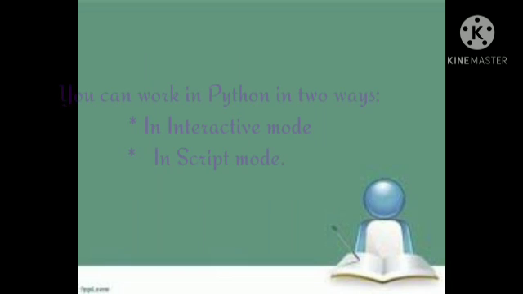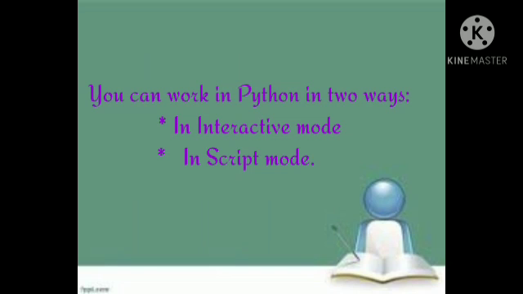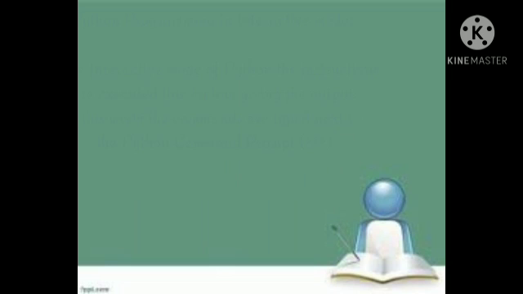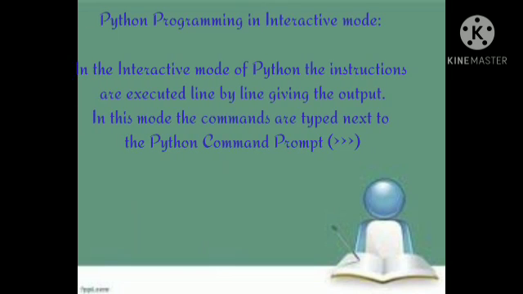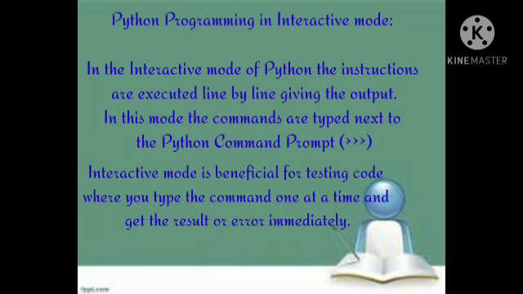You can work in Python in two ways. First is the interactive mode and second is the script mode. Now, in interactive mode of Python, the instructions are executed line by line, giving the output.